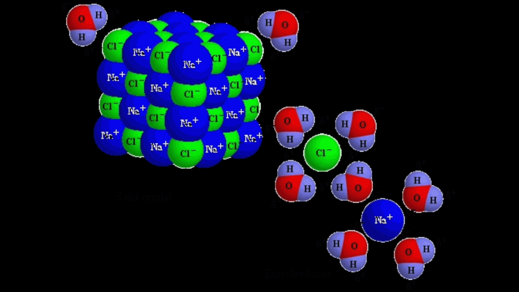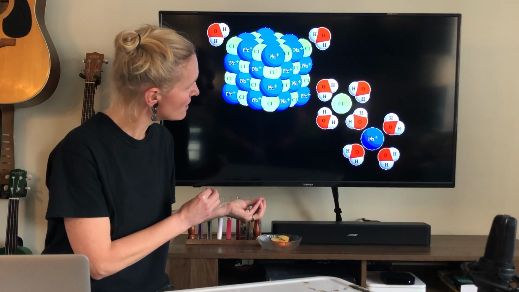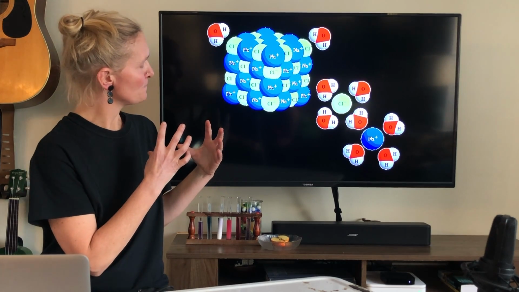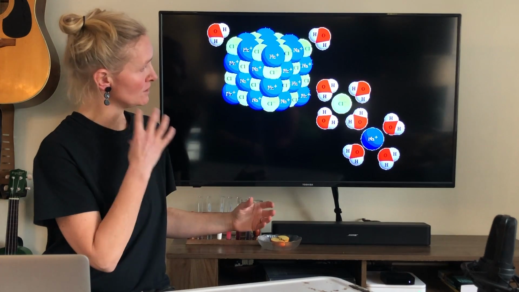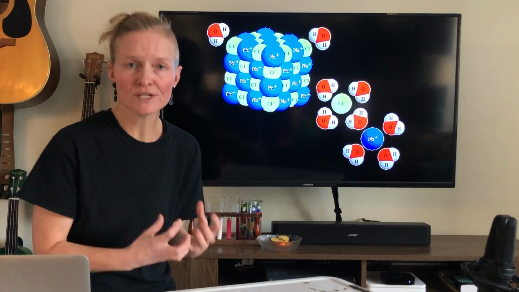And the hydrogen part of the water molecule is attracted to the Cl negative ion, and the electronegative oxygen atom of the water molecule is attracted to the sodium ion.